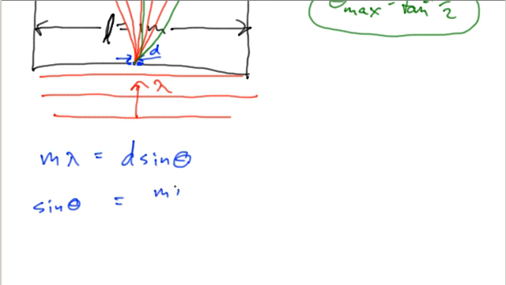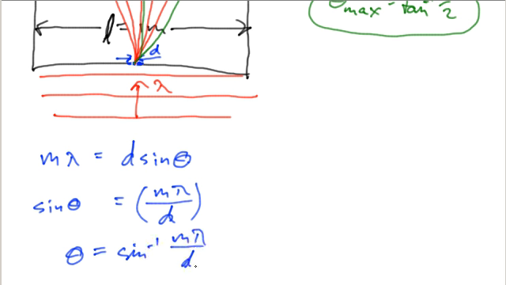So m lambda over d, take the arc sine of that. I have to watch out: if that's ever bigger than 1, then when I take the arc sine, I'll just get an error. But let's see how we can deal with that. Do this for each value of m until theta gets to be bigger than theta max.